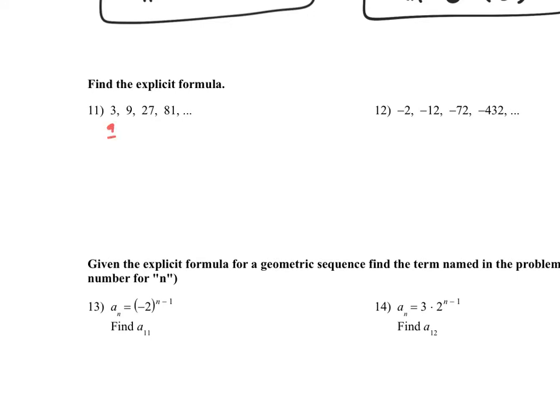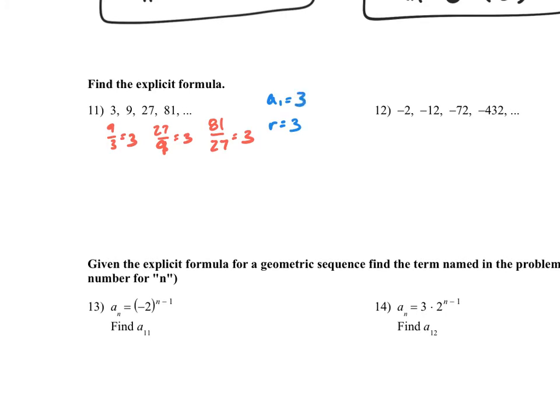Well, if we go 9 divided by 3, we get 3. 27 divided by 9, thank you, is 3. Thank you for correcting me. 81 divided by 27 is 3. So, looking at these things, we know that our ratio is 3. Do we know what our first term is? 3.